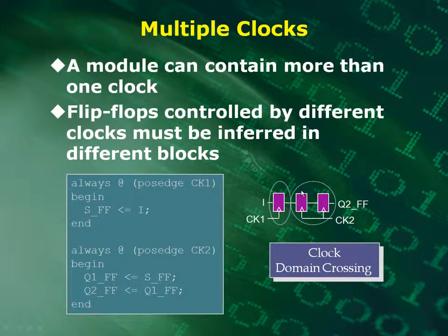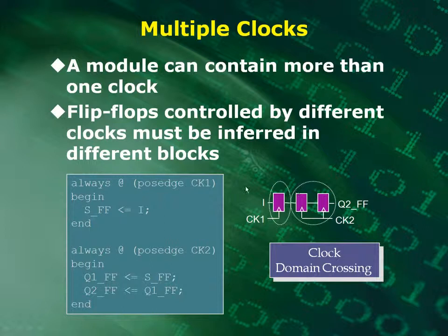If you only have one flip-flop here and you go from this clock domain into this clock domain with just one flip-flop, you're going to have metastability issues and failures in your logic. So if you double buffer it, that's what this is called, double buffering, then instead of it maybe failing every tenth of a second, maybe it only fails once every 100 years. So it's a big improvement.